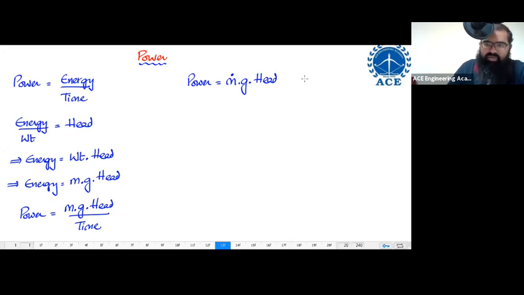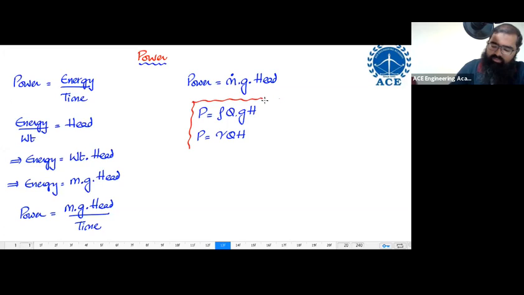Mass flux here is rho into Q. So power is rho Q g H, or you can say power is equal to gamma into Q times H. Both of them are the same thing. This is the formula for power.